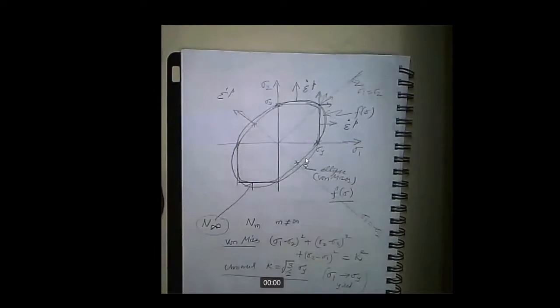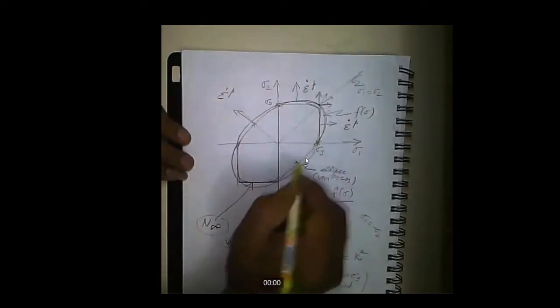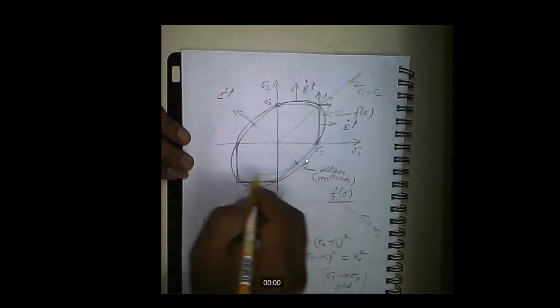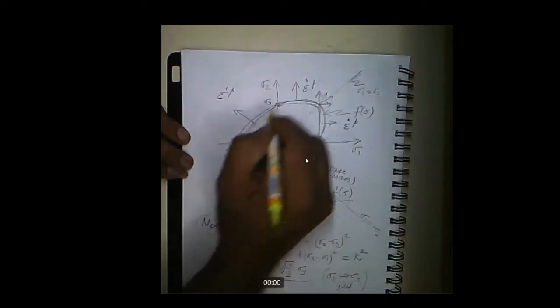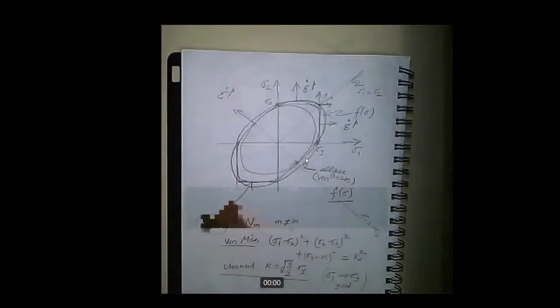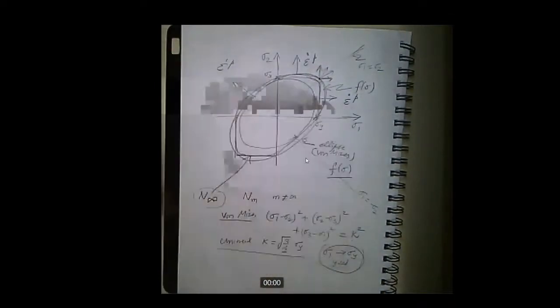Now, if I did that, I would probably get something like this as von Mises. It all depends on the experiment that you conduct. This is the uniaxial test that I conducted and showed here.